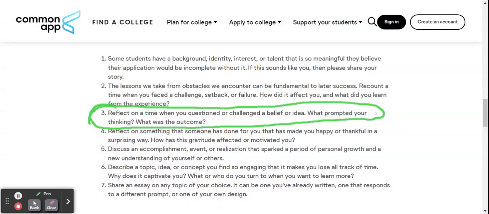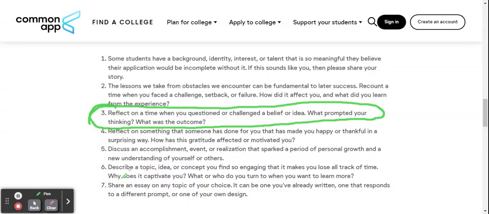They're not the ones going to college. You are. So it's really about thinking about you, the outcomes that you created or the results that involved you, not them.